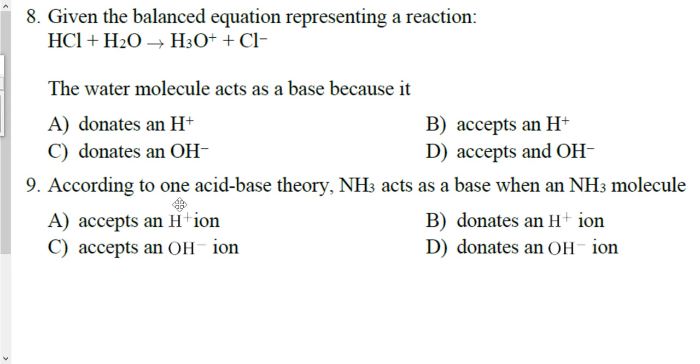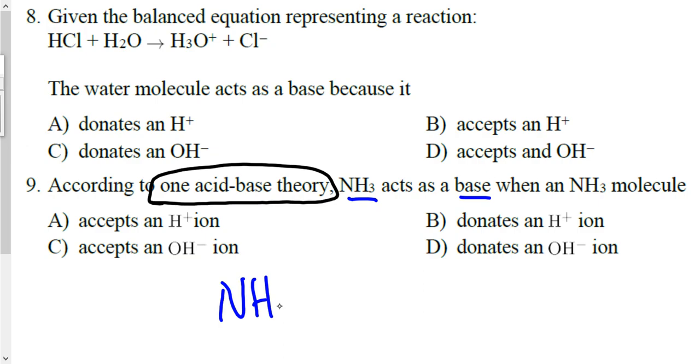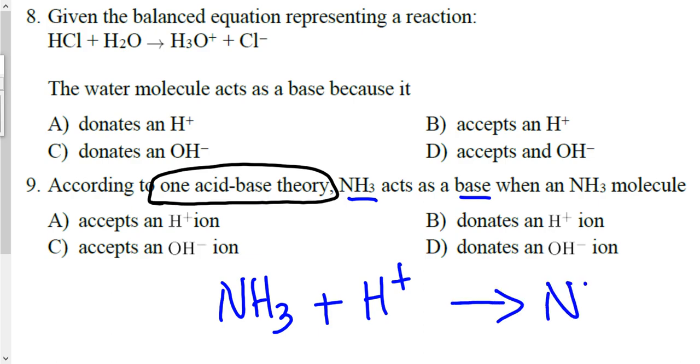Question number 9. According to one acid-base theory, meaning alternate theory, NH3 acts as a base. So they're already telling you NH3 is a base, so it should accept a proton. That means NH3 will accept a proton, which is H+, and it would form NH4+.